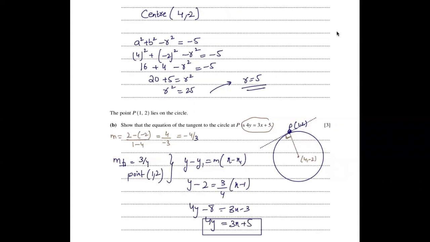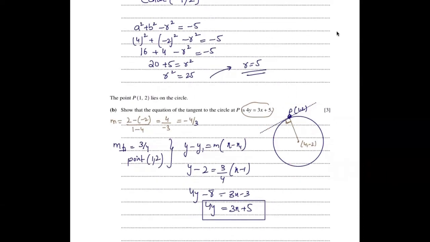Okay. So you have easily shown that the equation of the tangent is going to be this. Okay, make sense? Sir, how did you get 4y minus 8? 4 times y minus 2 is 4y minus 8.